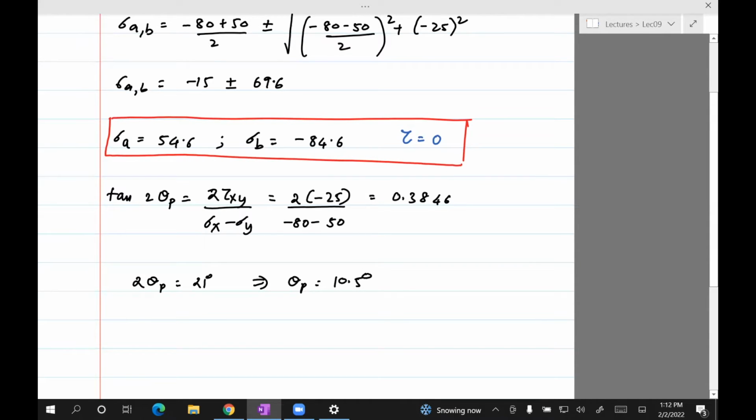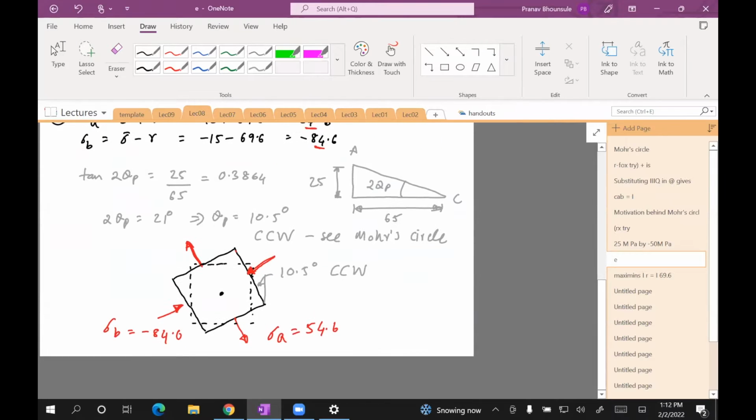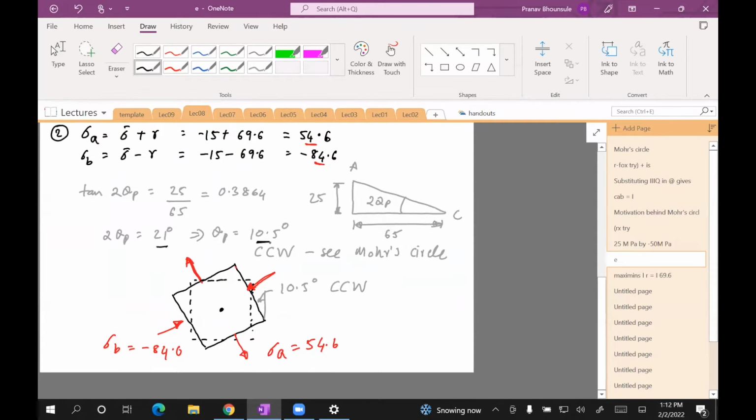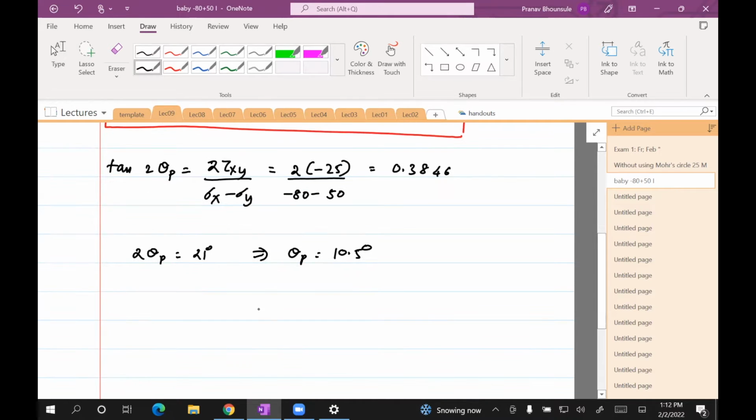Which, by the way, is the same as what we got using trigonometry. Just quickly swing back. We had here 21 degrees, 10.5 degrees for theta p, and we used trig here. So what this answer tells me is that it's 10.5 degrees counterclockwise to face A. So if you draw the plane stress element in its normal configuration, then you need to rotate by 10.5 degrees in the counterclockwise direction.